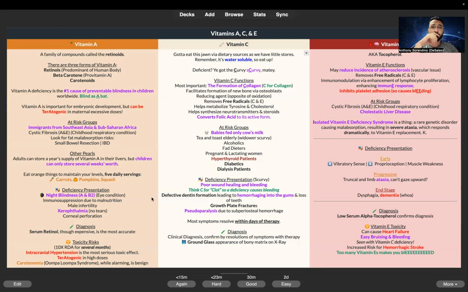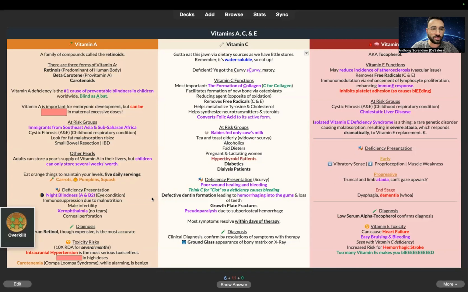So like Philippines, Thailand, Indonesia. May reduce incidence of atherosclerosis. So vitamin E is going to be good, but you don't want too much of it because it will kill you. Deficiency, you got the scurvy.